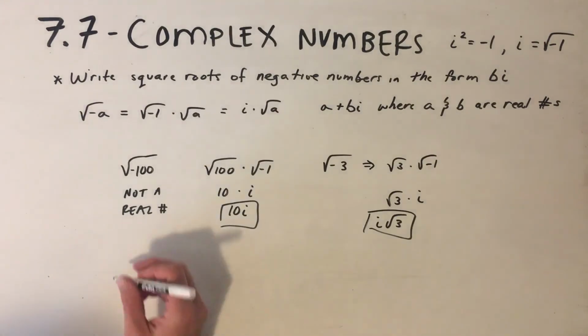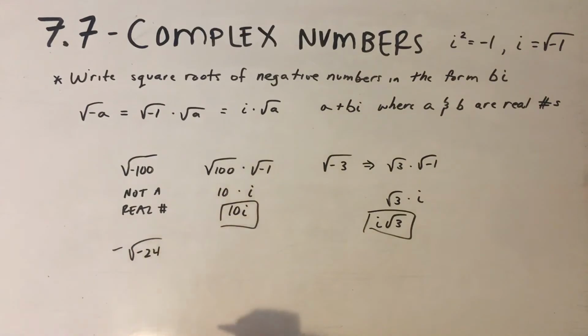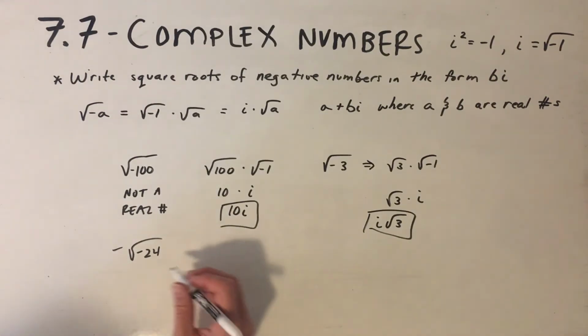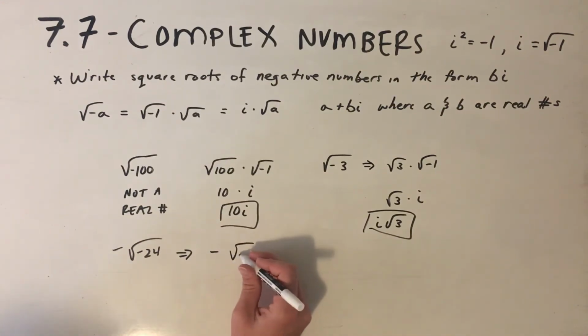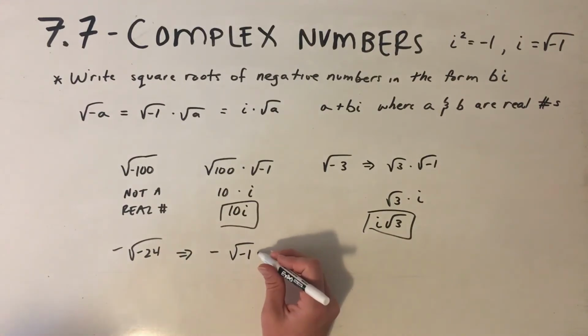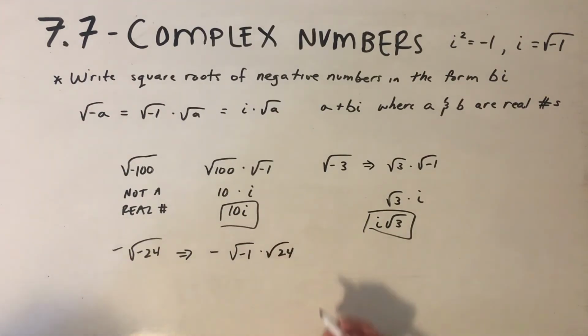For instance, if we had the negative square root of -24, how would we break this down? Well, we still have this negative floating around out there. We have the square root of -1 times the square root of 24. Well, what can be simplified here?